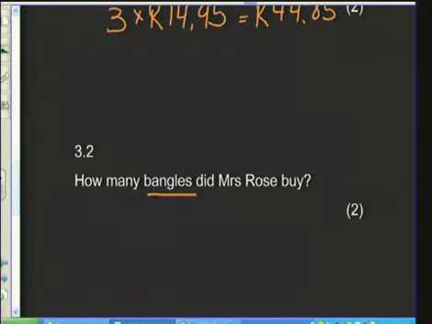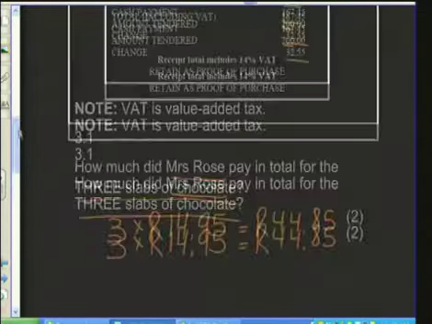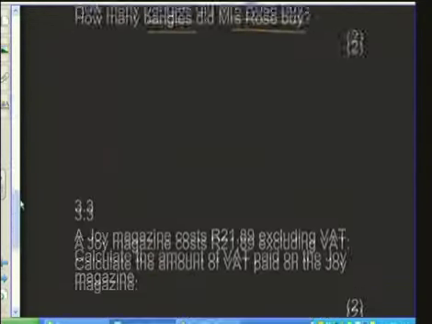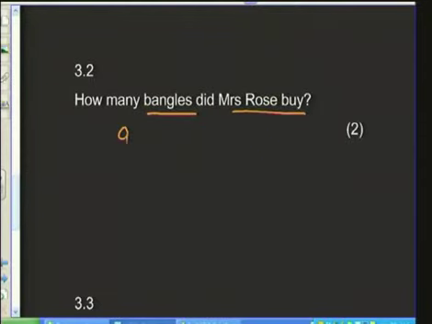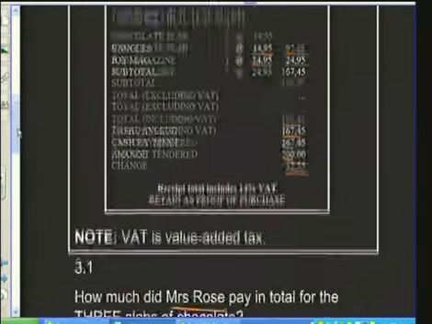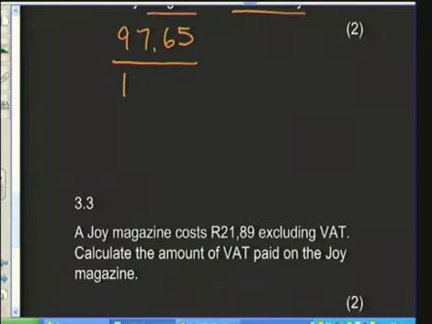How many bangles did Mrs. Rose buy? Well, let's go back to our slip. We know that for our bangles, she paid $97.65 in total. We don't know how many she bought, but we do know the price of them. So we can take our $97.65 and divide it by the price for 1, and the price for 1 was $13.95.